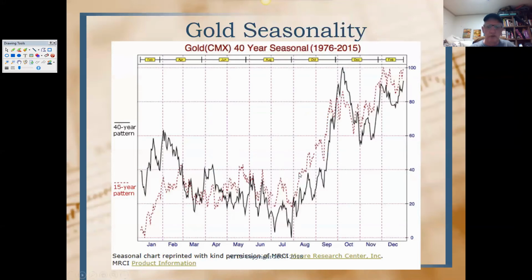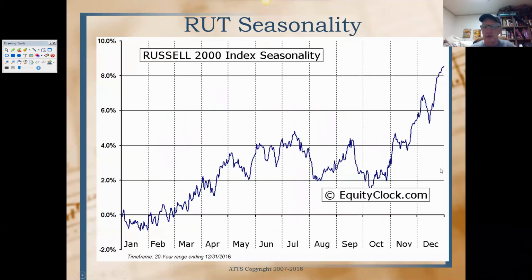Just real quick, gold seasonality. We think we're sliding, we're over here in the August time frame. It has not totally reversed yet, but it's looking like it's going to. What else are we looking at? I'm looking at Russell.